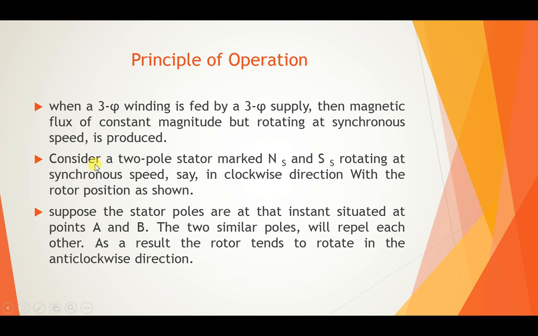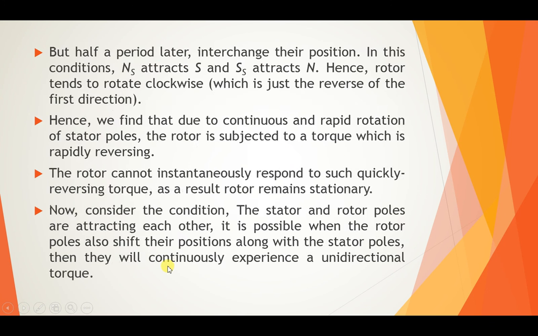So when we have a stator marked with north and south poles, it is the three-phase supply due to which a constant rotating magnetic flux is produced, so it is rotating. Suppose the stator poles are at the instant situated at points A and B. The two similar poles will repel each other. As a result, the rotor tends to rotate in anti-clockwise direction.